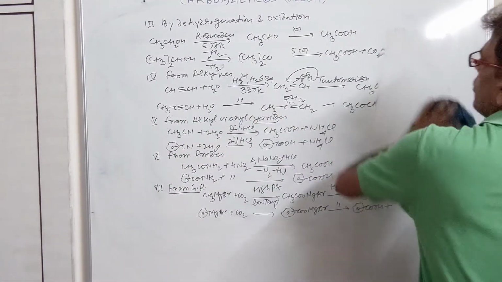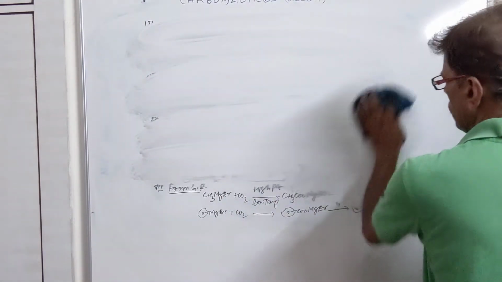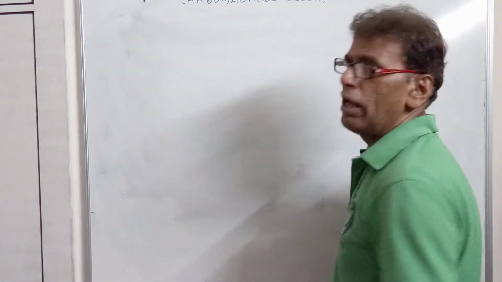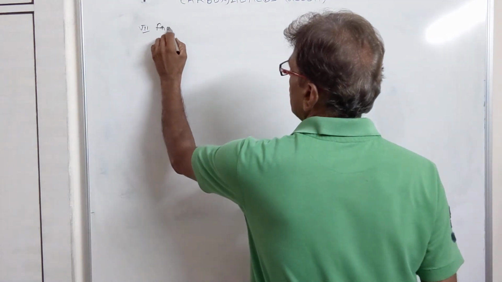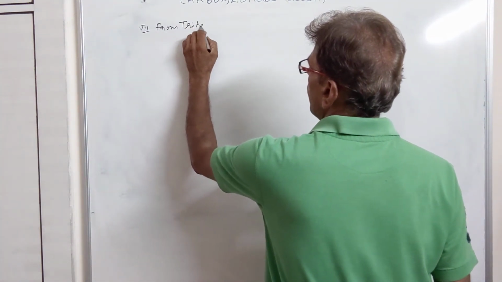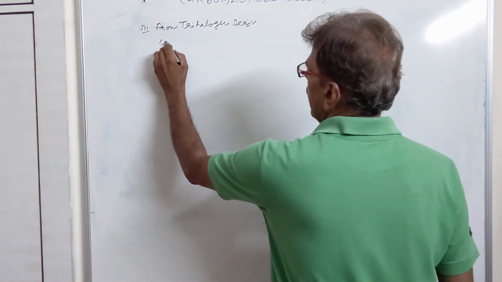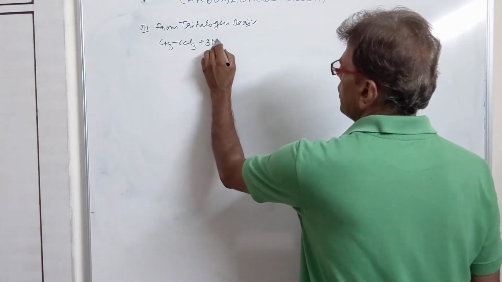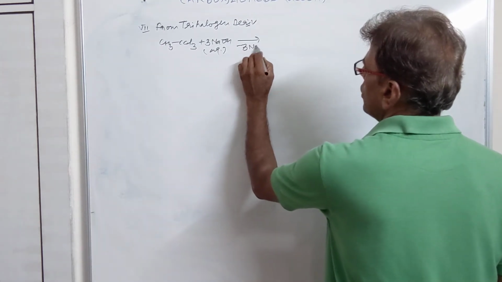Then we have preparation from trihalogen derivatives of alkanes. If we have trihalogen derivatives, then the CCl bonds are hydrolyzed by aqueous NaOH, and in place of Cl we get an OH group there. So this will be our 8th method from trihalogen derivatives. We have CH3CCl3, trichloroethane. It is treated with 3NaOH aqueous. 3NaCl is lost.